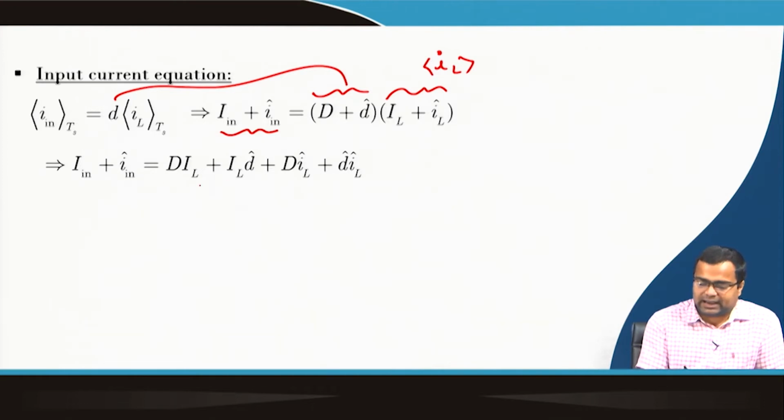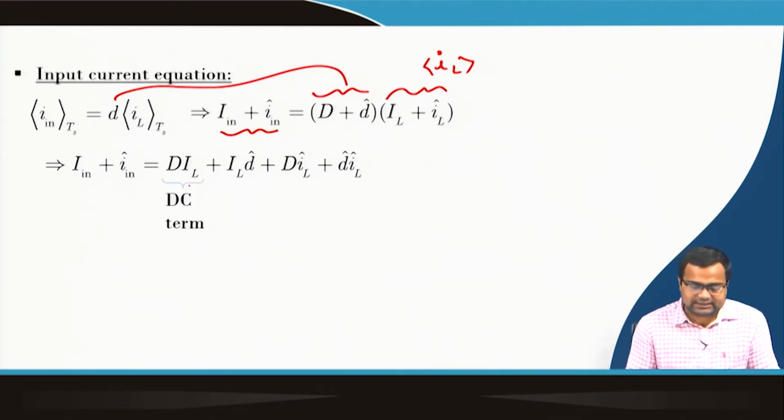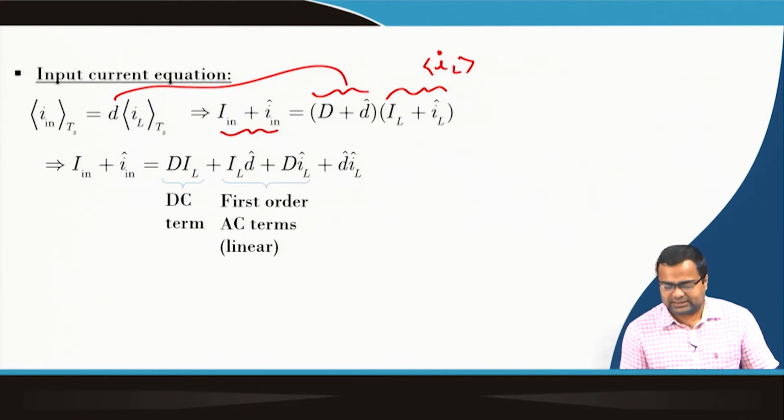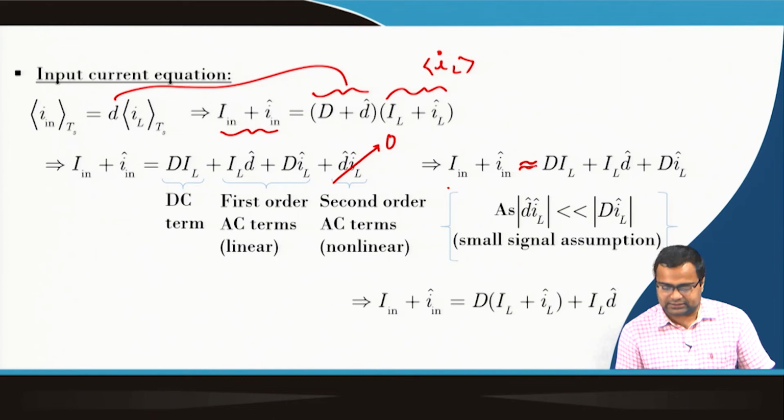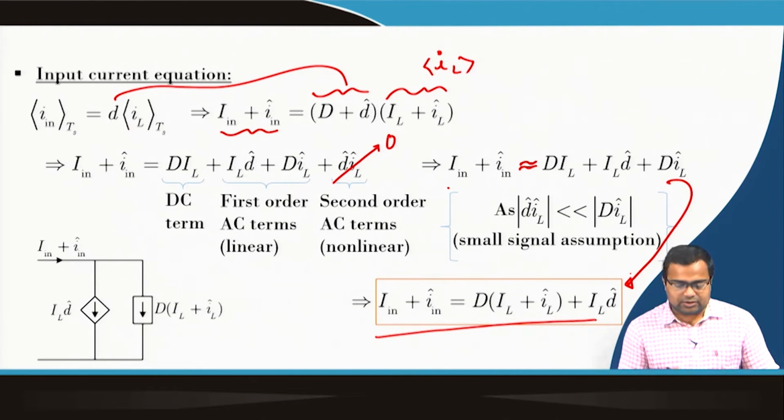Now, if you expand, so we can get, and you will find this is a DC term, this is a first order AC term, and this is a nonlinear AC term, which we have to ignore. Then if we ignore this term, because we are talking about a linearized model, then we can simply approximate this term to get this, and under small signal approximation these equations can be written, that means from here, and then we can draw the circuit.